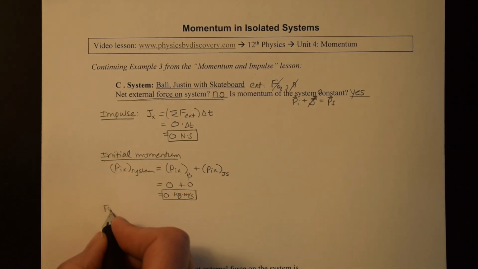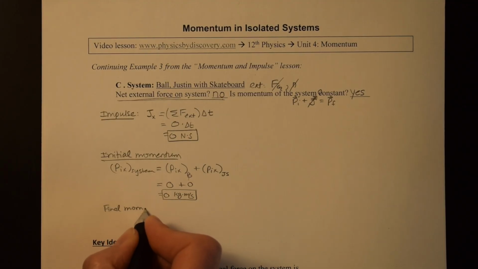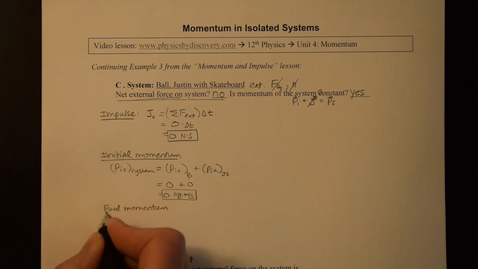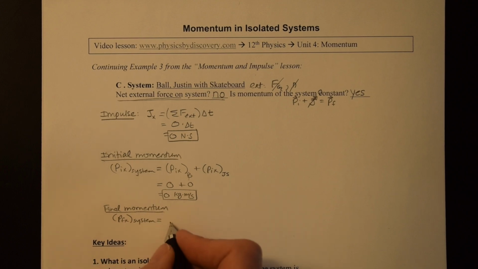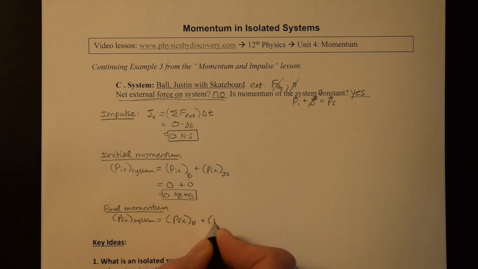Now let's find the final momentum of the system that includes both of those objects. So the final momentum of the system is the sum of the final momentum of each one. So the final momentum in the x direction of the ball plus the final momentum in the x direction of Justin and the skateboard.